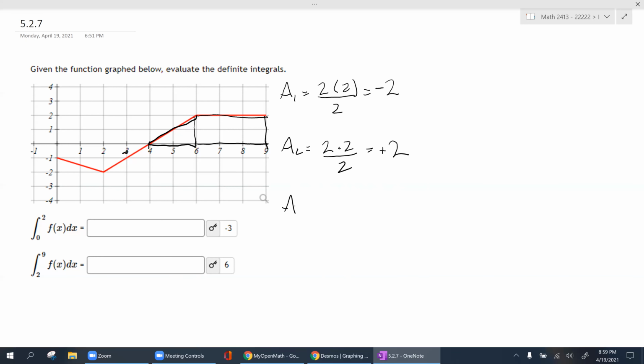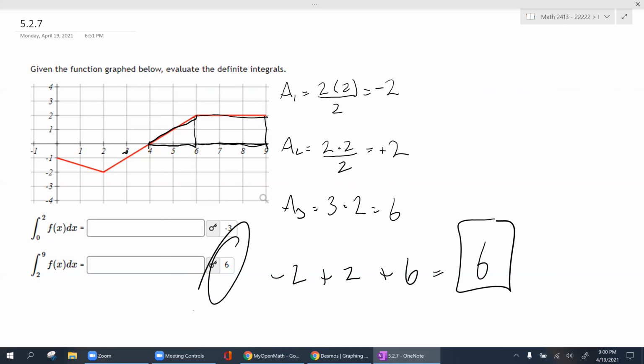And then area 3 is base of 3 times height of 2, so this here is going to be 6. So I'm going to add all these areas together: negative 2 plus 2 plus 6, which gives me 6, which is right there.